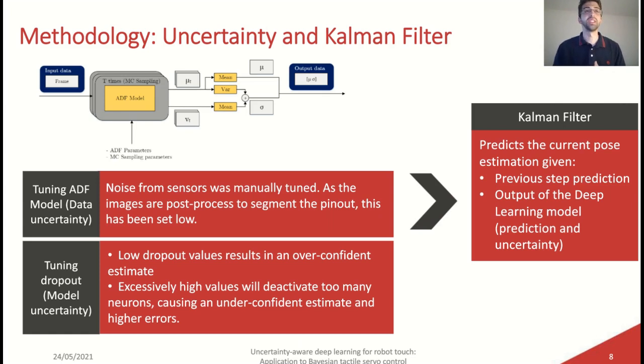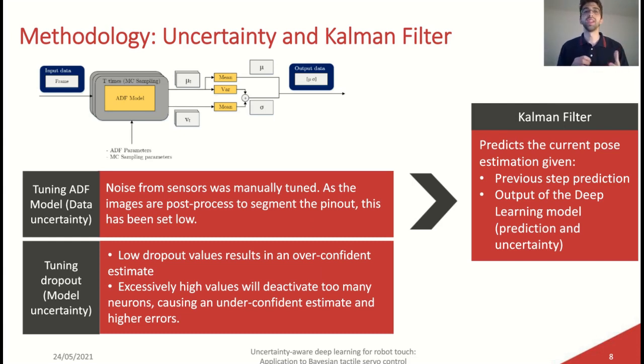About the uncertainty, it was necessary to tune different parameters of the uncertainty framework. The first one, coming from the ADF model, was to characterize the noise of the sensors, and this has been set really low, as the tactile images are post-processed to segment the pins.